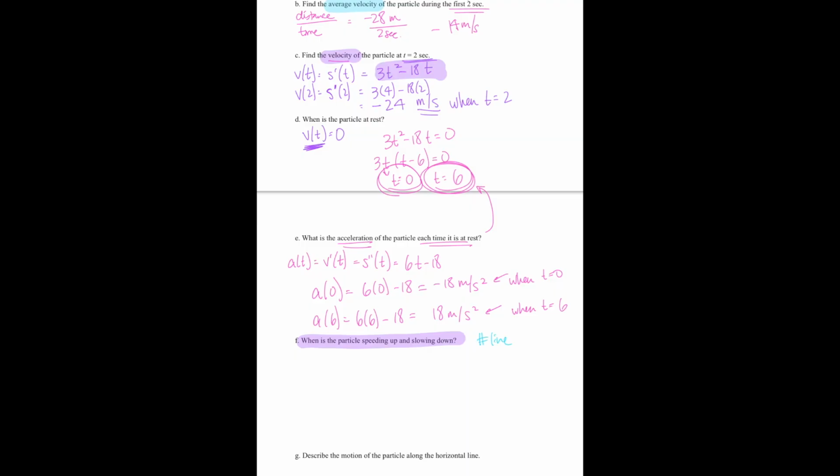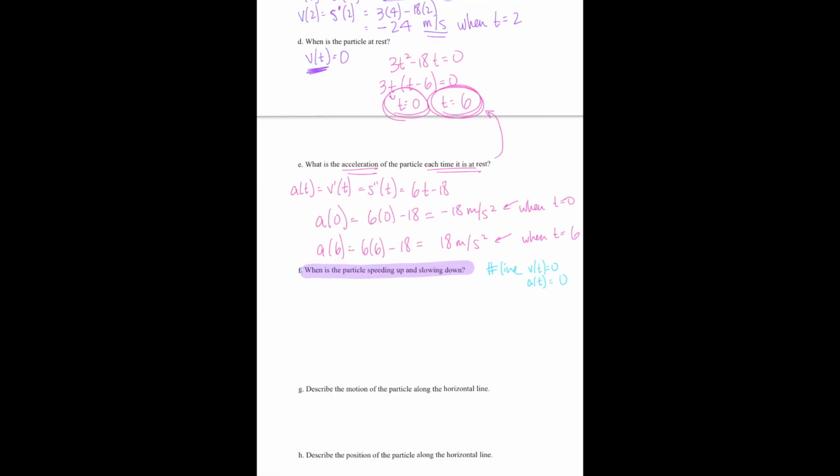Okay, and you want to compare when the velocity equals 0, when the acceleration equals 0. Okay, which you have done in previous problems. So I'm going to set up this number line. Okay, here we go. Number line. I'm going to put velocity up top.